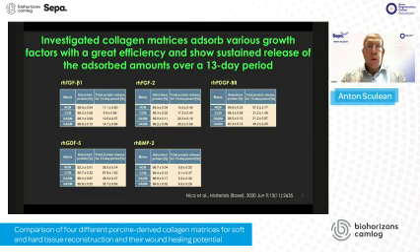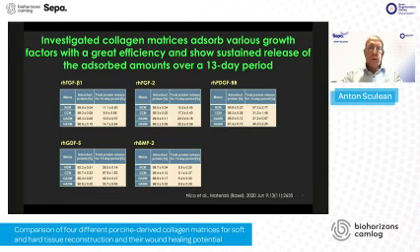In the first study, we wanted to know whether these matrices available on the market have the property to absorb the different growth factors that play an important role in wound healing, and whether they can keep these growth factors over a certain period. We know from different wound healing models that the first 2 weeks after wounding are very important. So that's why we selected this period of roughly 2 weeks, and whether these proteins can be released.